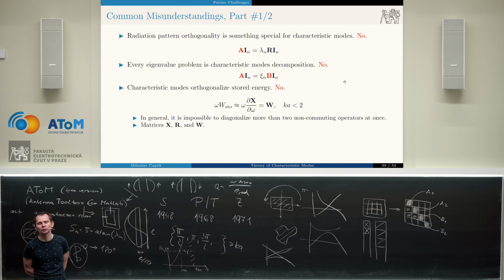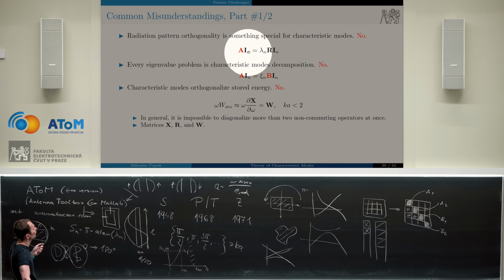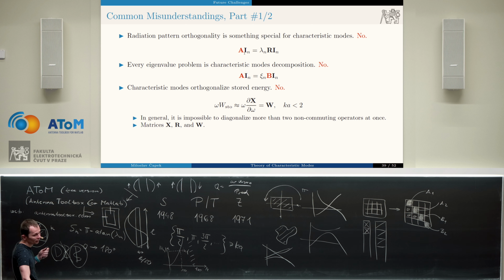mention some common misunderstandings which are related to this theory. So first, often I can read that radiation pattern orthogonality is something special to characteristic modes. And I would like to point out here that this is not the case, that actually you can have orthogonal far fields for any generalized eigenvalue decomposition where R is sitting on the right-hand side, and then A could be whatever.